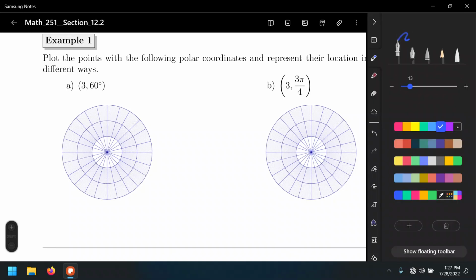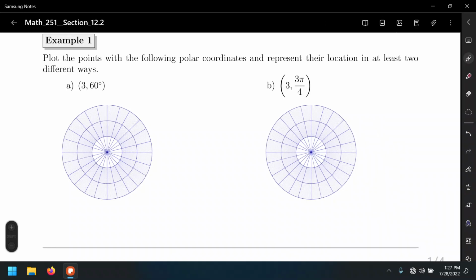Okay, so number one, let me add the x-axis and the y-axis in a way. Notice in this case, we have these circles. Every new circle represents a distance or a radius, and here we have the angles.